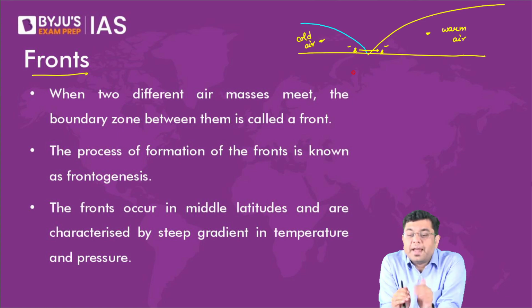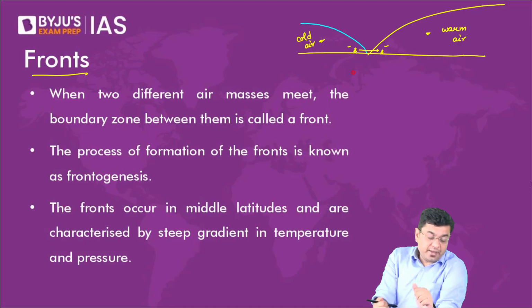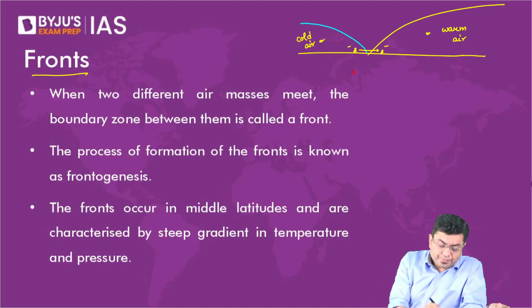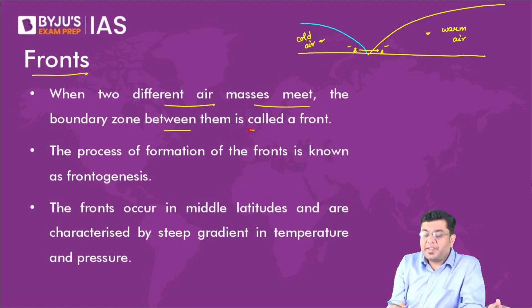Okay, so that is what we refer to as a front. That is the distinct zone of transition where you have air parcels of different properties interacting with each other. That is what we have as the front. So here, when two different air masses meet, the boundary zone between them is called a front.